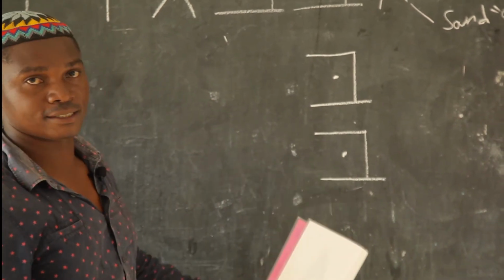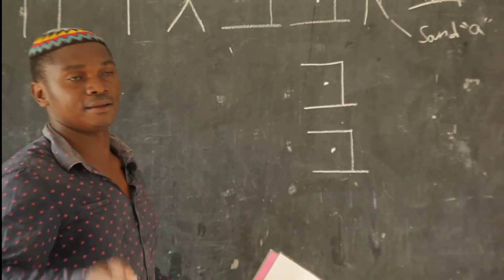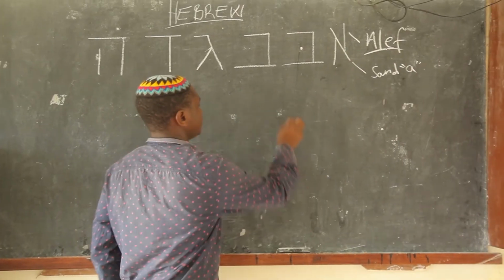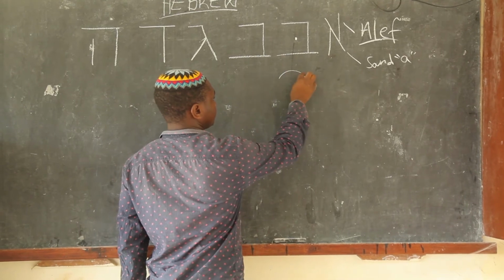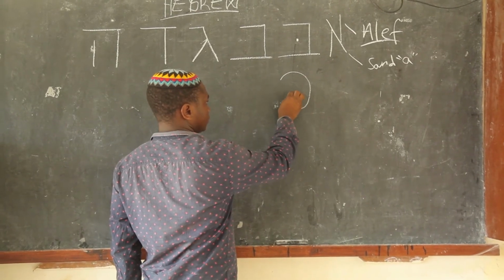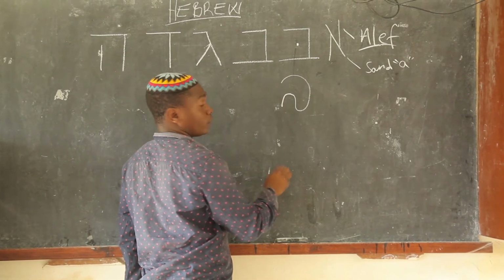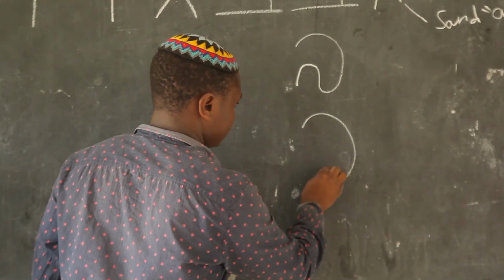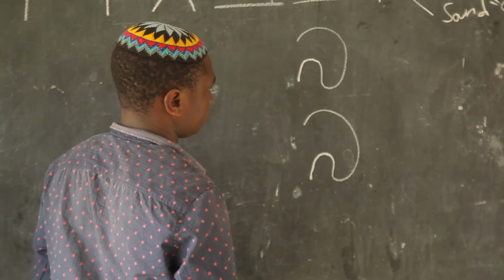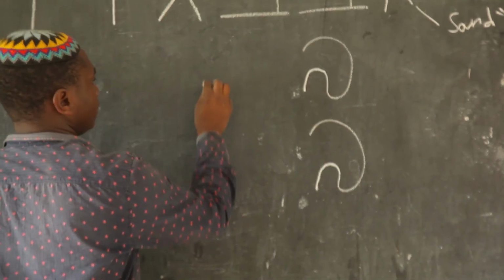So that is Bet, and we're going to see the Bet Katan is written like this. Follow my hand. One more time.